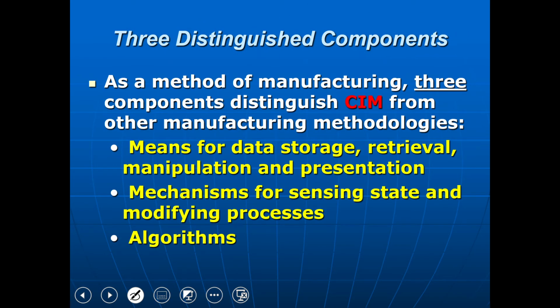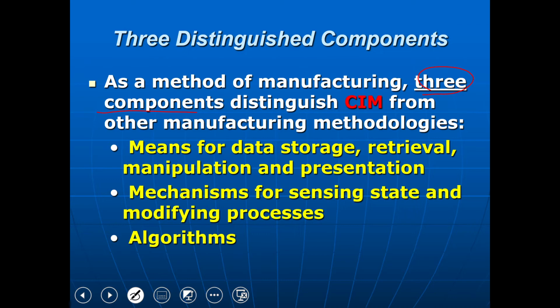Three distinguished components. As a method of manufacturing, three components distinguish CIM from other manufacturing methodologies. So these three components make it different from other manufacturing methodologies.